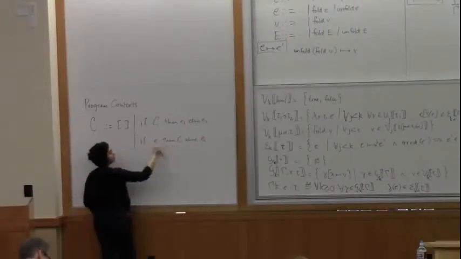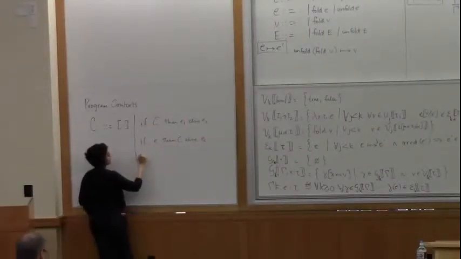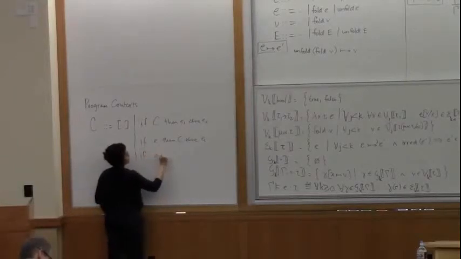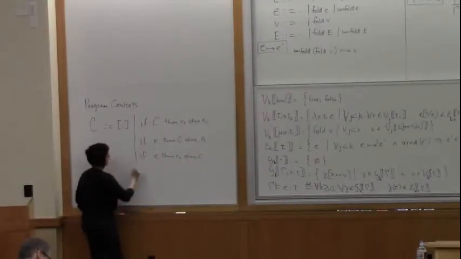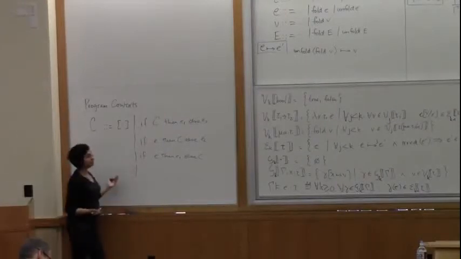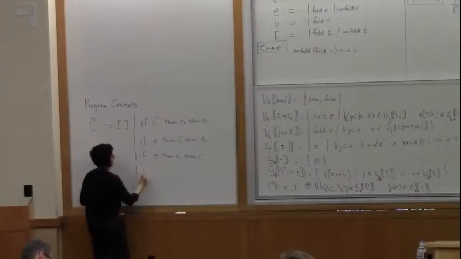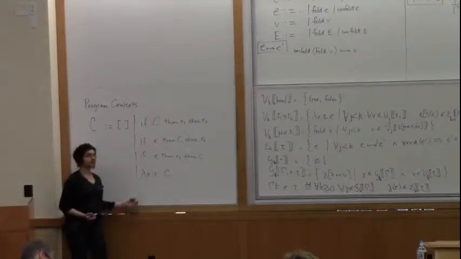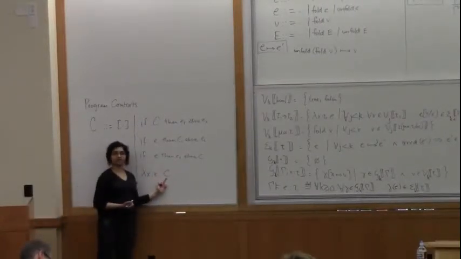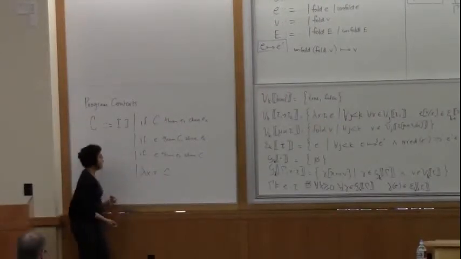Right, so we're just moving the position of the hole in some sense. If E, then E1, else C, right? Let's consider what happens with lambdas. Here's another program context. So you can stick an expression under a lambda. We don't have evaluation contexts of this form, right? So this is one important way in which general contexts are different from evaluation contexts.